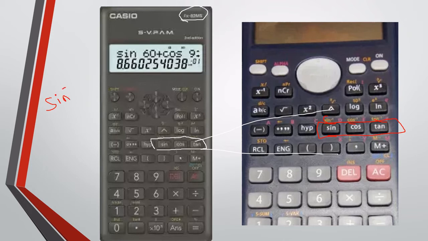If you simply click on sine, cos or tan, you get the normal function. If you want to use the inverse function, you have to click the shift button and then press sine, cos, or tan respectively. This was just a small knowledge base on how to use these functions on your scientific calculator.